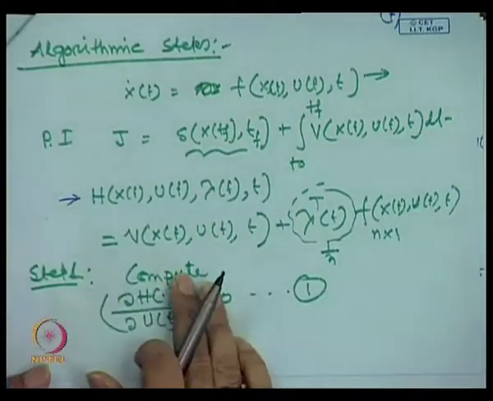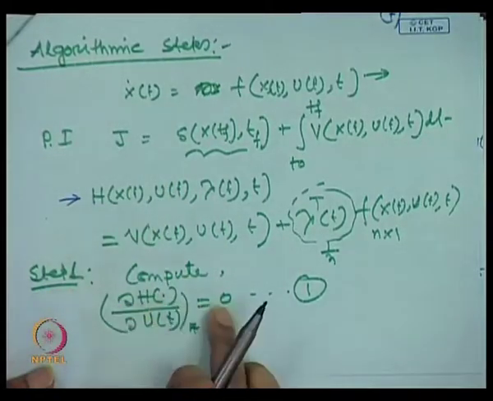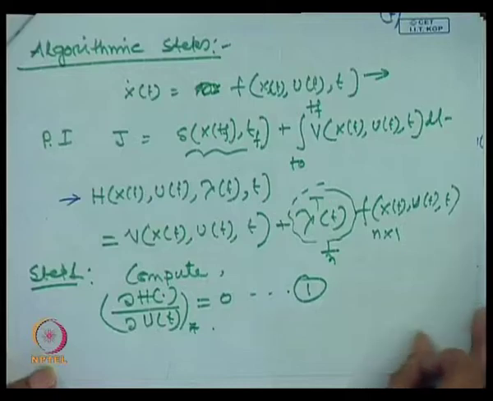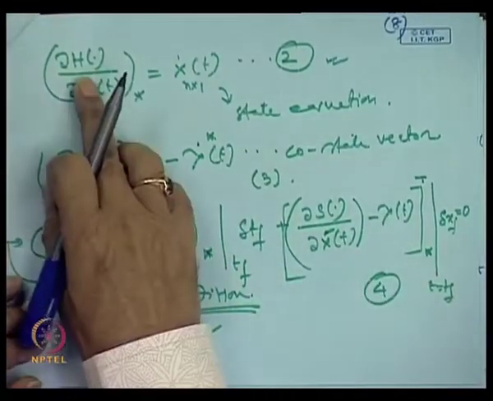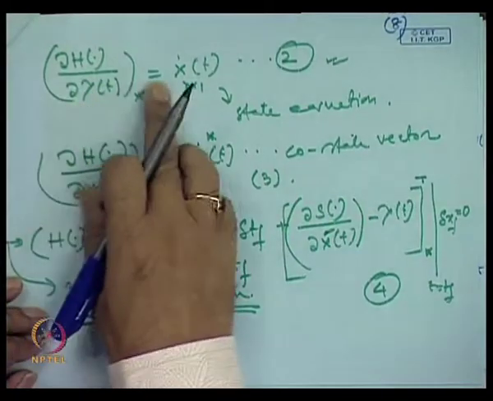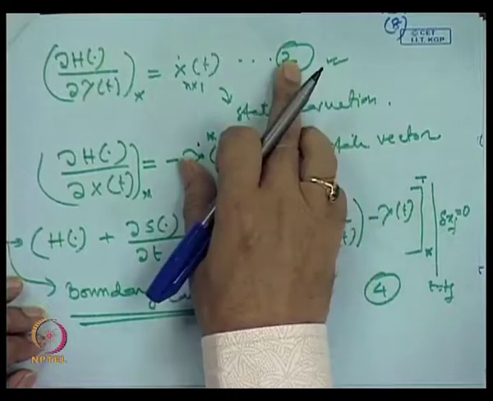Our first step in this process is del H del u equal to 0, that is one necessary condition. Then del H del lambda is equal to x dot, which is called the state equation. This is another necessary condition.